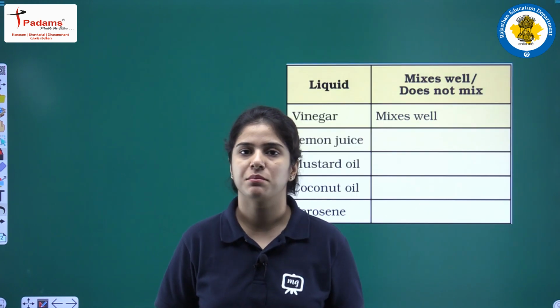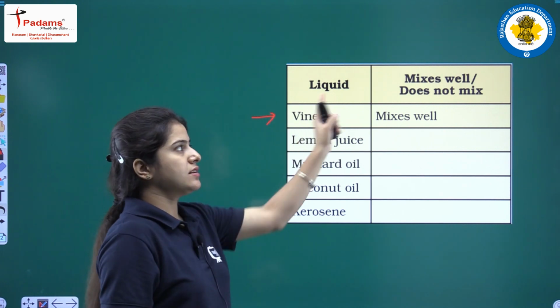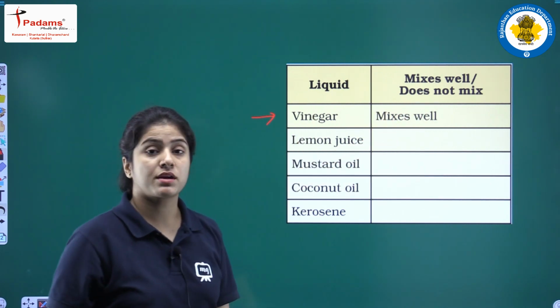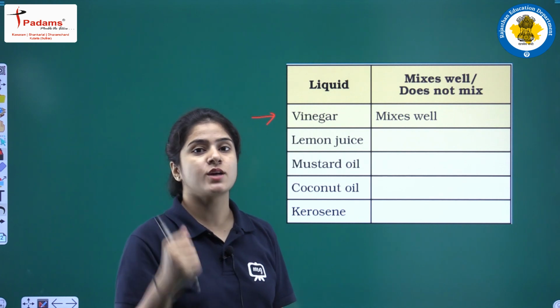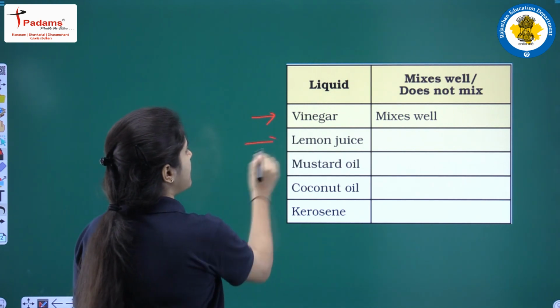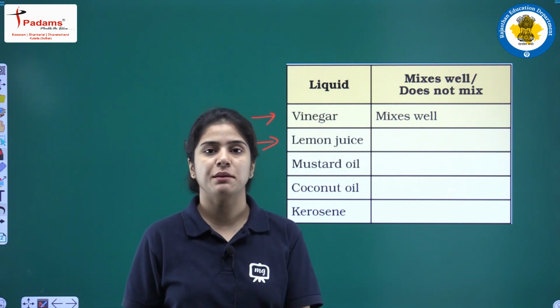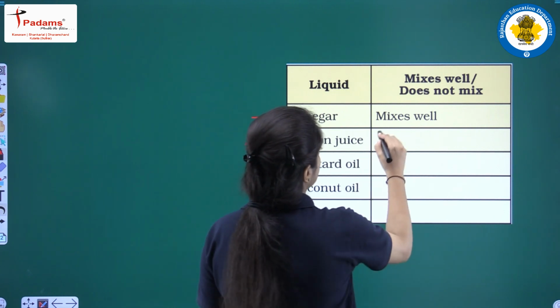So let's discuss them. First one is vinegar. Vinegar is a liquid that mixes well in the water because vinegar is completely dissolved in water, it is soluble in water. Similarly, lemon juice. Lemon juice is completely dissolving in water because it is soluble in water, so it is also mixing well.